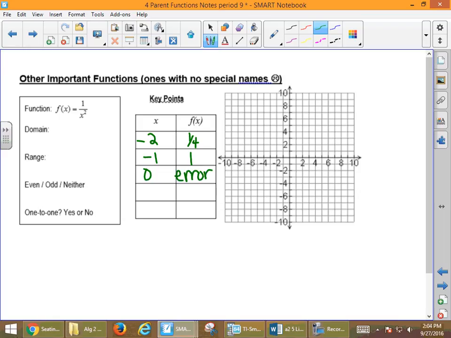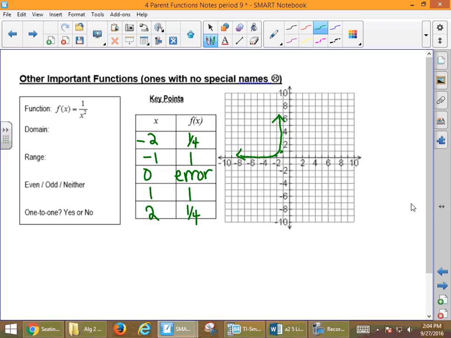But in terms of points that I'm graphing, I'm probably going to graph -2, 1/4, -1, 1, +1, 1, +2, 1/4. So we've got -2, 1/4, and -1, 1. But the nice thing about being able to look at the calculator is we know in general what it's going to look like. We don't need a lot of points. We can see them on our calculator.